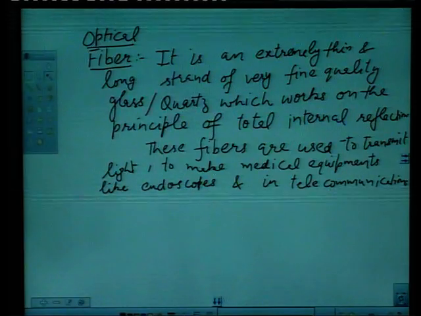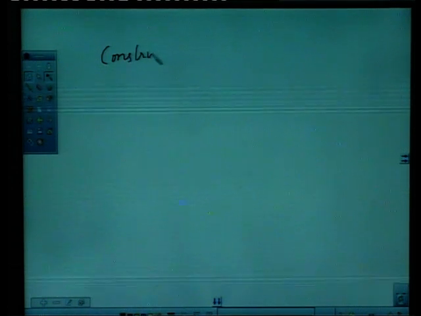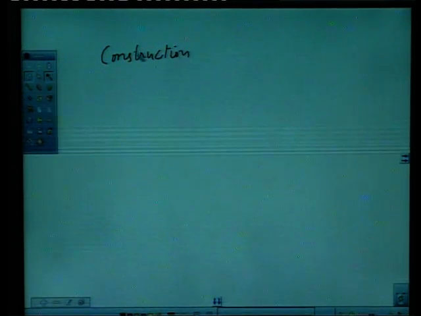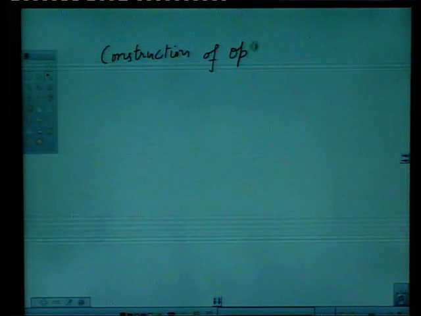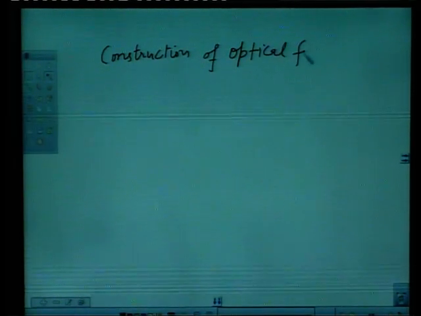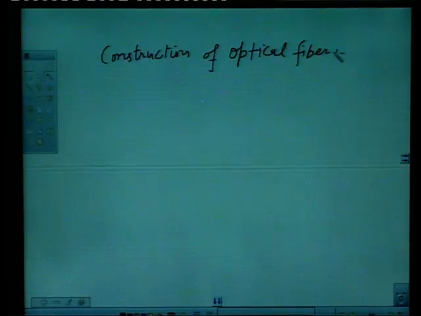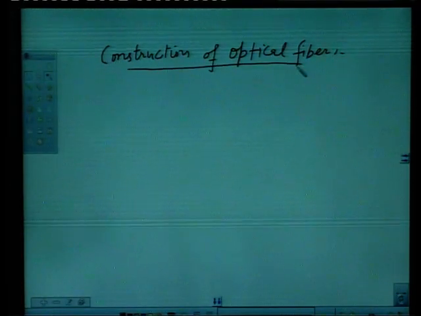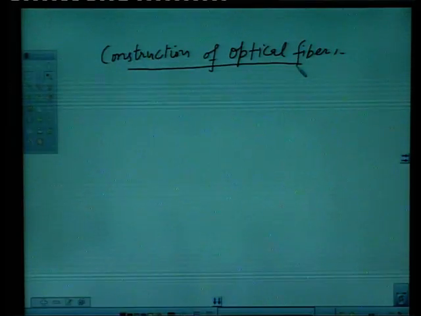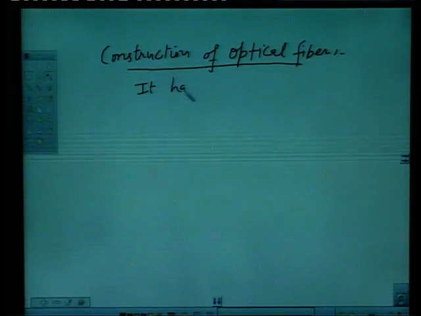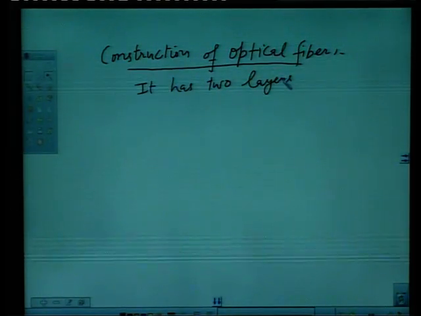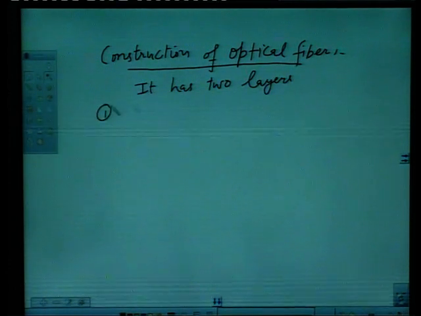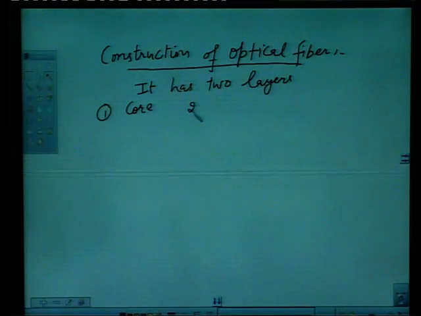So first of all we will know its construction, the construction of optical fiber. As we have earlier said, it is made up of basically two layers. The first layer is known as core and the second one is called cladding.